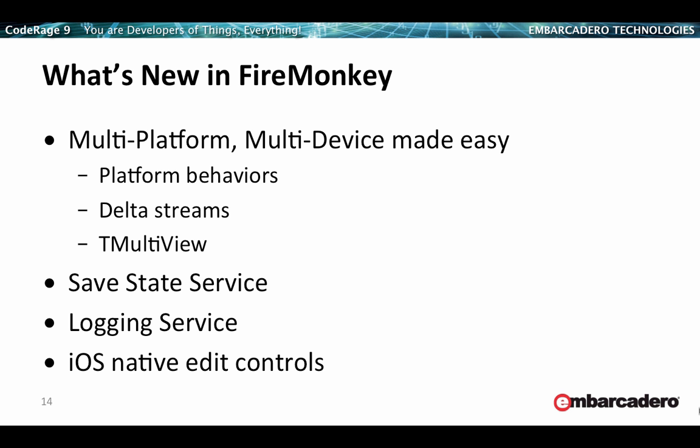The save state service that makes it easy to save the state of your application. And the logging service that makes it easy to write debug information in a platform-independent way. And I showed the new model view architecture of the TEdit control that makes it possible to use a native UITextField on iOS without giving up the multi-platform code compatibility of FireMonkey.